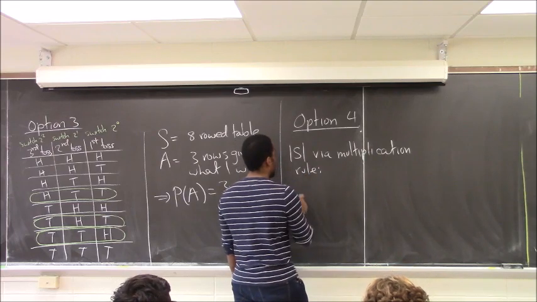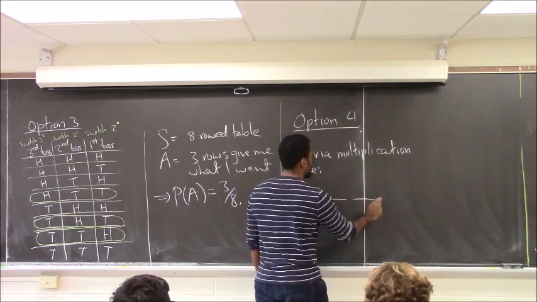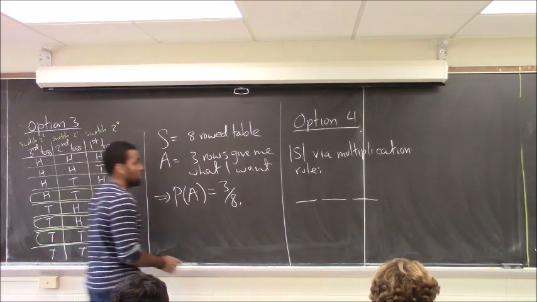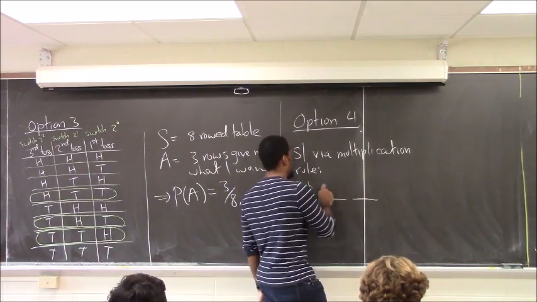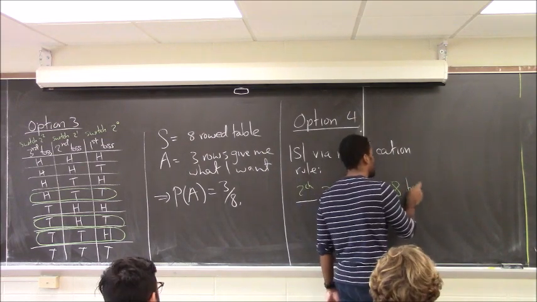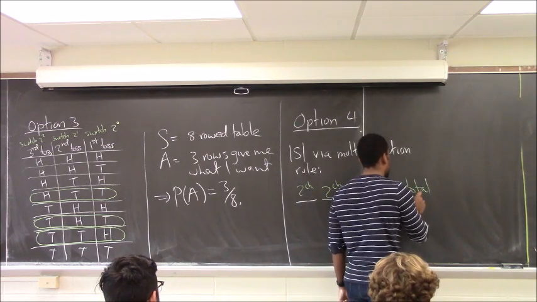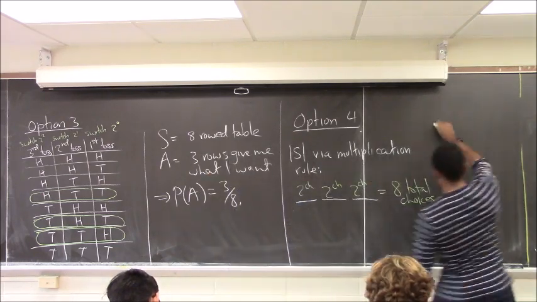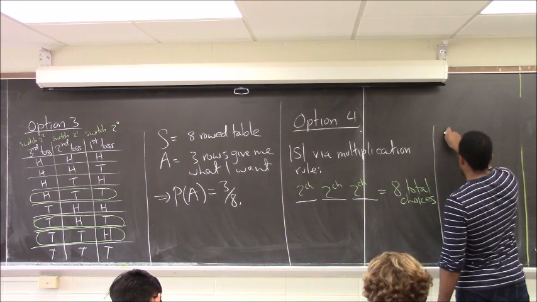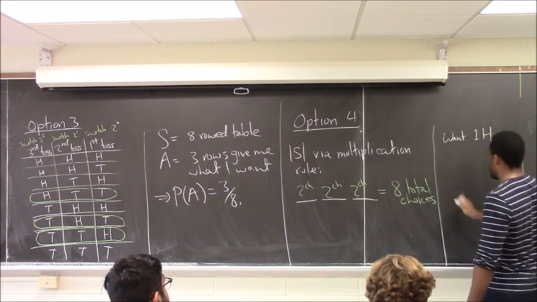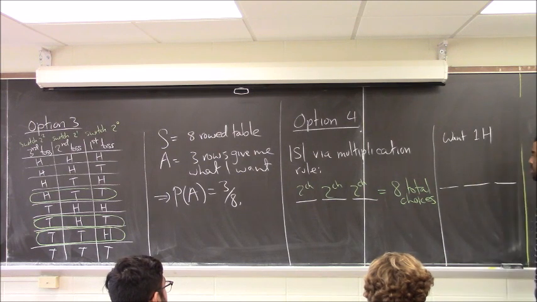So I understand that each situation is going to be a 3-staged experiment. There will be 2 choices, 2 choices, 2 choices, which gives me 8 total choices. Now, to know that here I want 1 H. Now, how would you conceive of that as a formula?